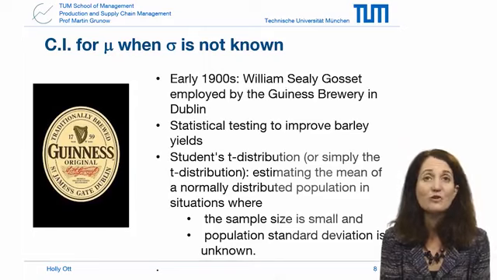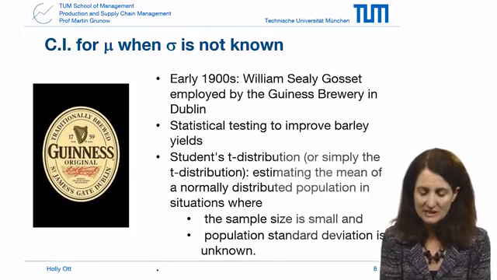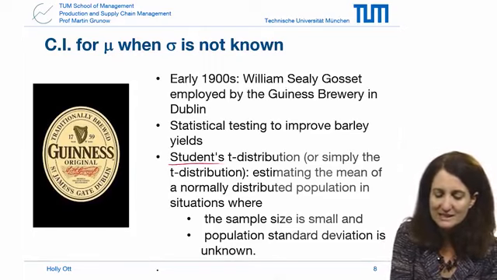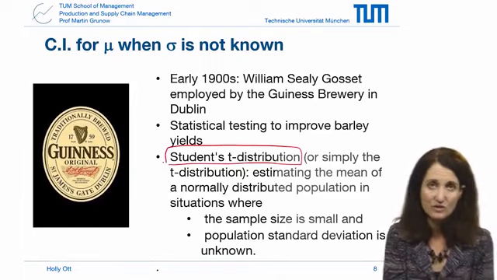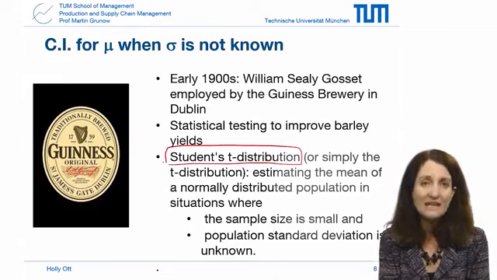And he needed to have correct methods for dealing with small samples. And so Mr. Gossett discovered the so-called Student's t distribution. He had to use a pseudonym because he needed to hide his identity so the competitors wouldn't get any ideas.